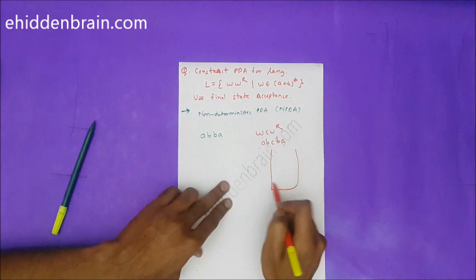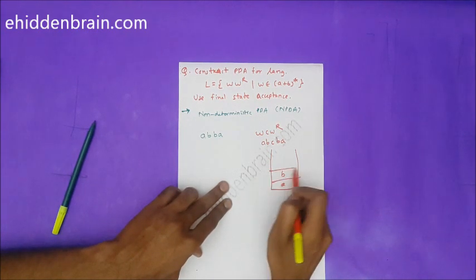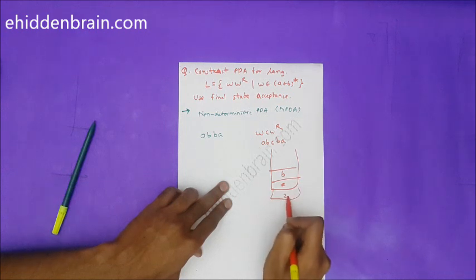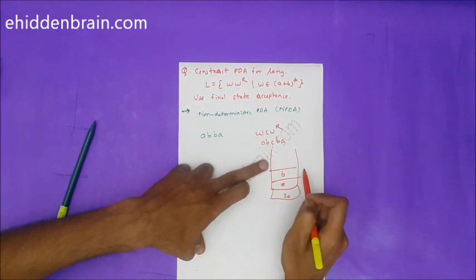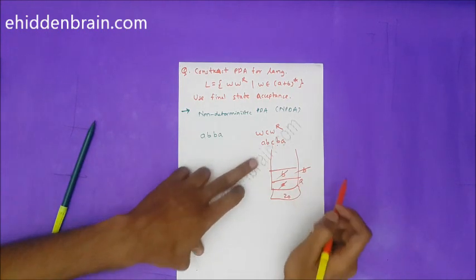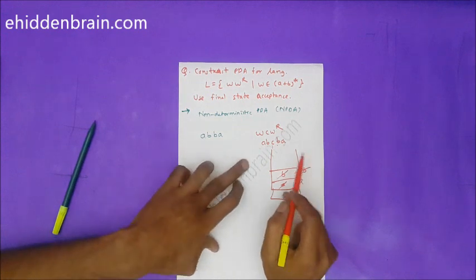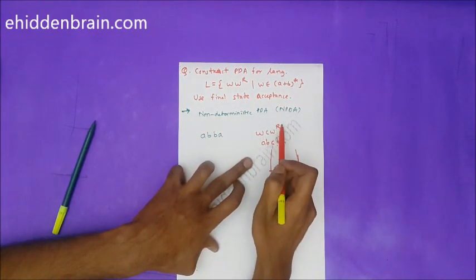Whenever I encounter the first A, I will push it, then I encounter B, Z0 is always there, and then when C comes I will skip this C, and then you will see that B will be top of the stack, and I will pop it, then A will be top of the stack, and I will pop it. Like this you will be able to do the push and pop operations for W C W raised to R.